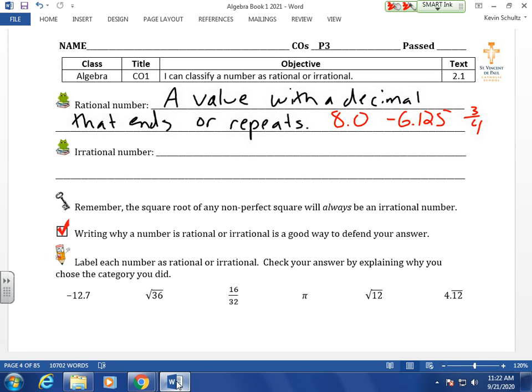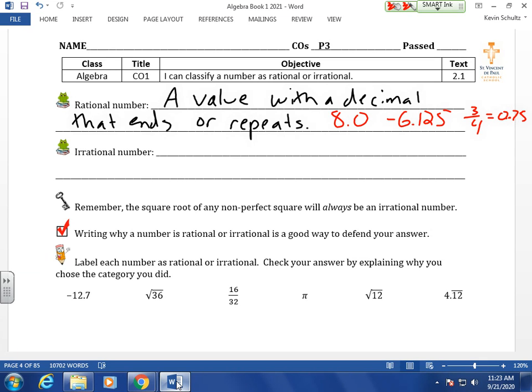It's rational, like if it divides evenly. Actually, any fraction, as long as it doesn't contain a non-perfect square, we'll talk about that in just a little bit, can be written as a decimal that either ends or repeats. In this case, it's 0.75. So that would be rational also.